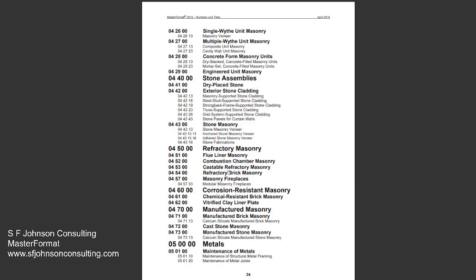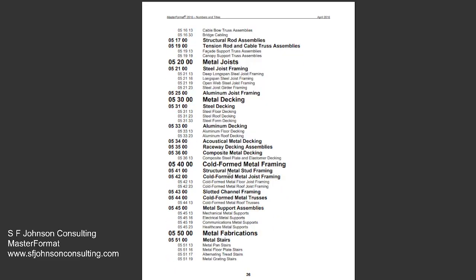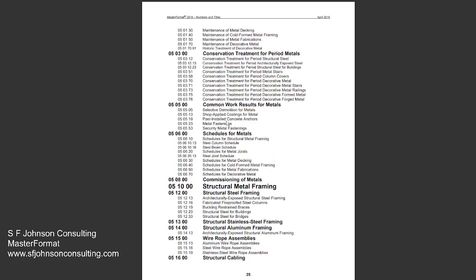Okay, so the specifications, the first thing you do if you're going to prepare an estimate, so if you are doing framing, for instance, you're going to have to look in two of the divisions. If it's metal framing and wood framing, then you have to look in the metals division, which is the 050000 for metal framing of whatever type.